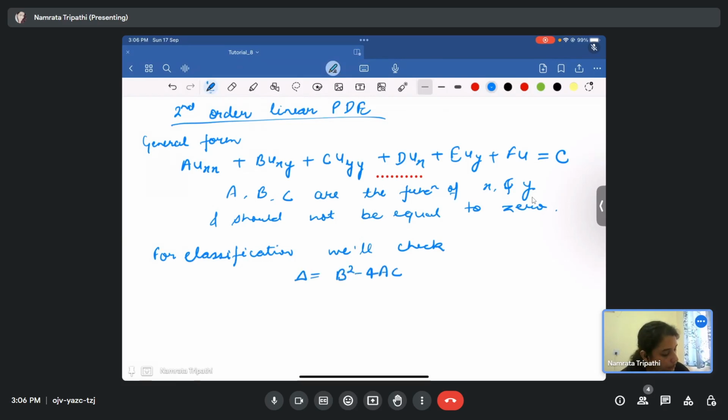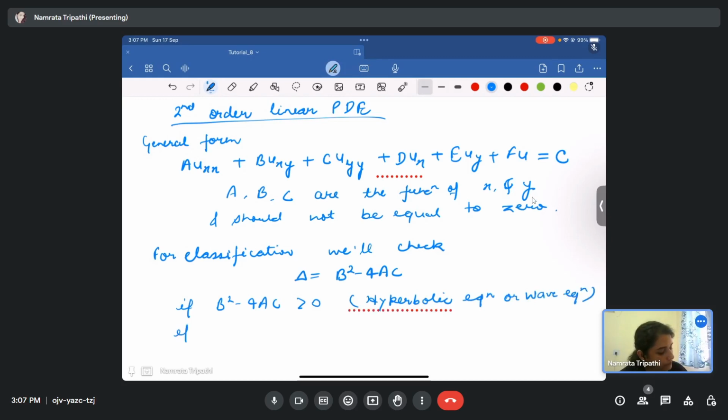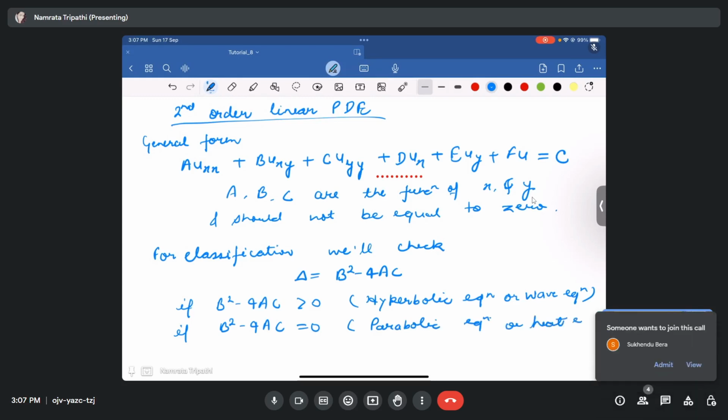If b square minus 4ac is greater than 0, then we'll say our equation is hyperbolic or wave equation. If b square minus 4ac is equal to 0, then we will say parabolic equation or heat equation.